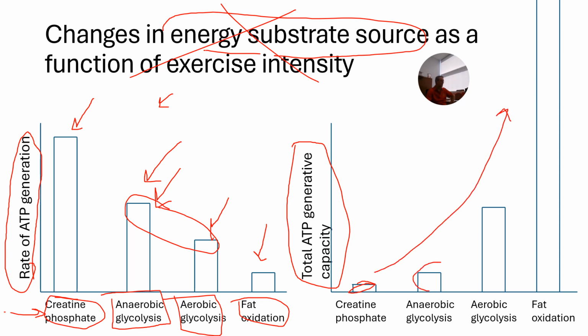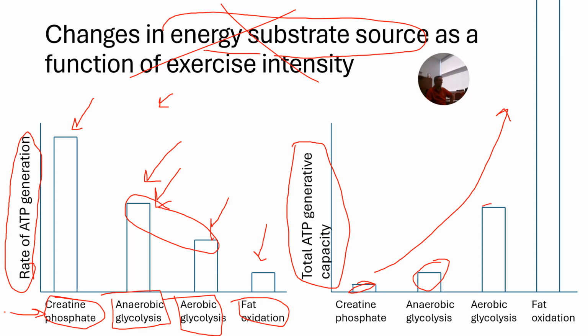Anaerobic glycolysis, yeah, we can get a little more out of it, but it's not a lot, because with glycolysis, you're really limited to glucose that is there, plus glycogen that is stored in the muscle, plus glycogen that is stored in the liver, right? That's all the glucose we have. That's all you're going to be able to use. And you can only get so much ATP out of that relatively limited supply, especially anaerobically.